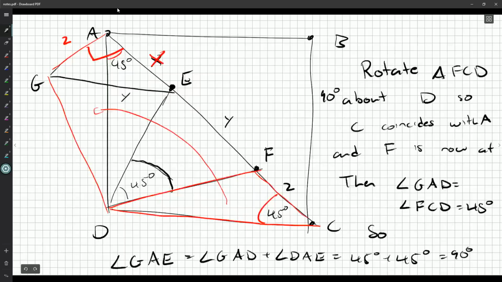And so I claim, although I'm not sure how I'm going to prove this yet, I claim EG is Y. It's got to be Y because they want me to show x squared plus z squared is y squared. And so this here is a right angle triangle. We just finished showing that. But why would this be Y?